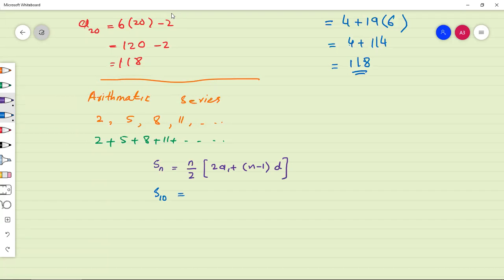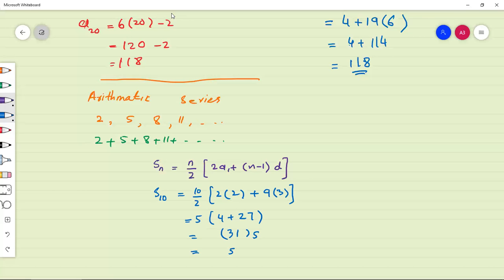For example, you have to find the sum of the first 10 terms. S10 is equal to 10 by 2 into 2 times a1, where a1 is 2, plus n minus 1, which is 9, times d, which is 3. Using a calculator: 4 plus 9 into 3, which is 27, gives 31, multiplied by 5 is 155.